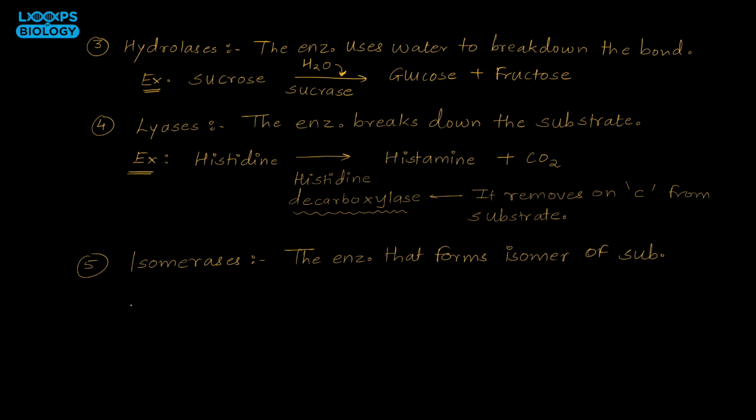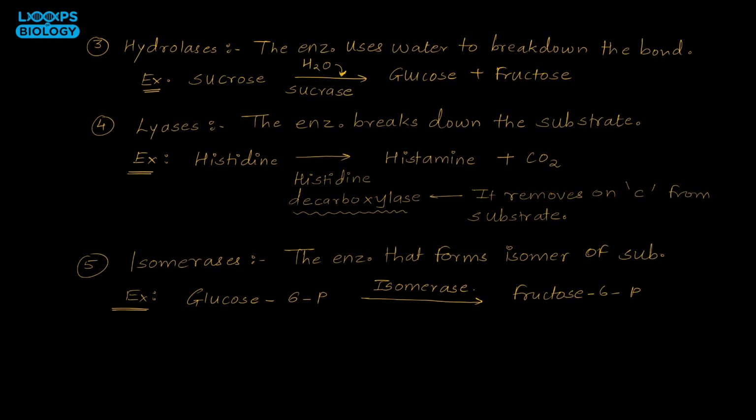If I'm considering this particular case with an example, there will be glucose 6-phosphate. Glucose 6-phosphate is converted into fructose 6-phosphate, and for this the isomerase enzyme is basically used.